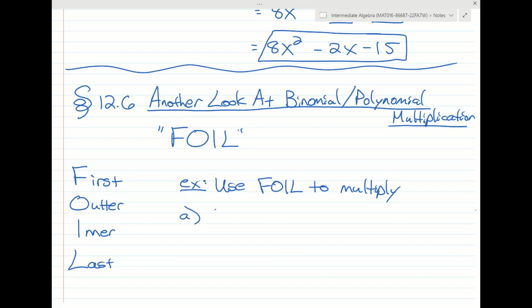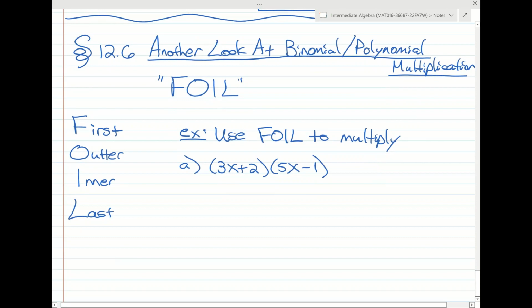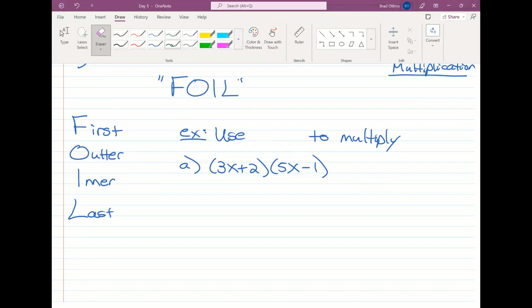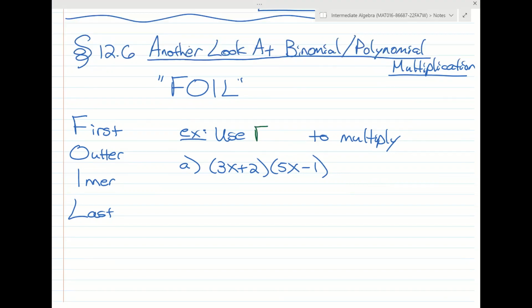So what if we had 3x plus 2 times 5x minus 1? Show you with color coordination here. The first terms that we multiply together would be 3x times 5x.